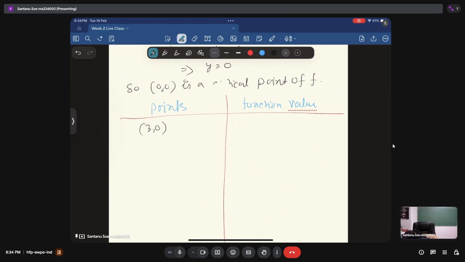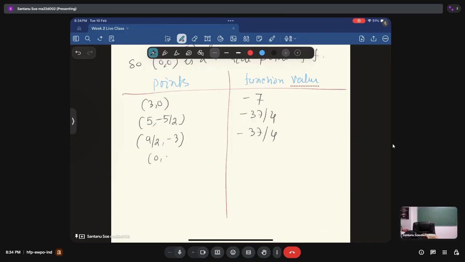So at this point the function value is minus 7. Next point is 5 comma minus 5 by 2. So here the function value is minus 37 by 4. The next point is 9 by 2 comma minus 3. So here is also minus 37 by 4. At 0 comma 0 it is 2.